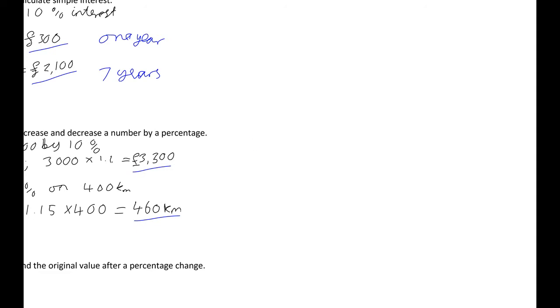The dress was £30, and now it's 20% off. I want to know how much it now costs. So 20% off means we have 20% less than the whole price, 20% less than 100.